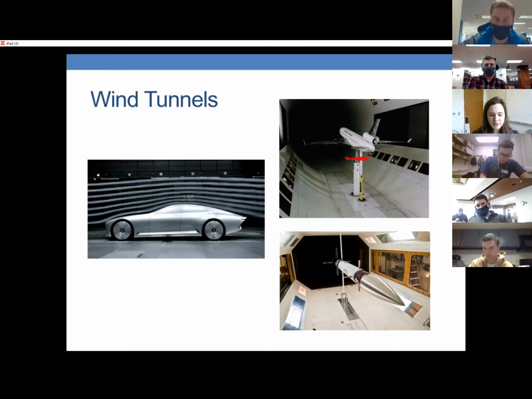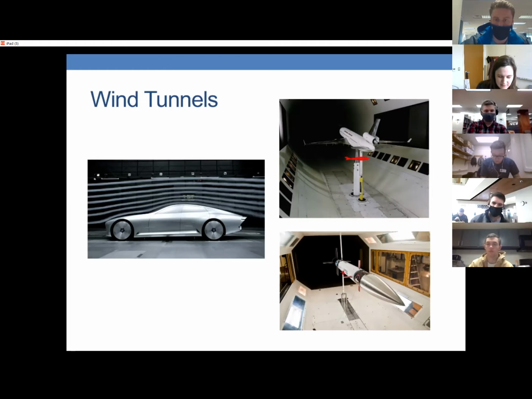And then what can we measure in the wind tunnel? The drag coefficient? What we can measure in the wind tunnel is the drag force. Because this plane is on a little stick, you can measure the force on the stick. That'll be the drag force.